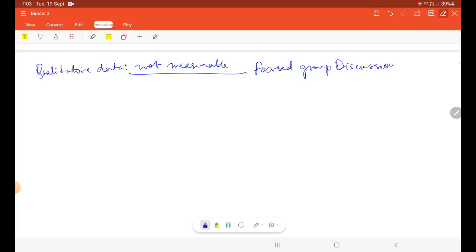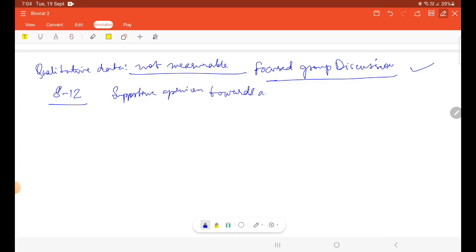had been conducted. So focus group discussion is a very important tool of generating qualitative data. We shall discuss it in our classes regarding epidemiology and research methods. Focus group discussion is usually done with 8 to 12 people. We have found how many people are having a supportive opinion towards a community intervention.